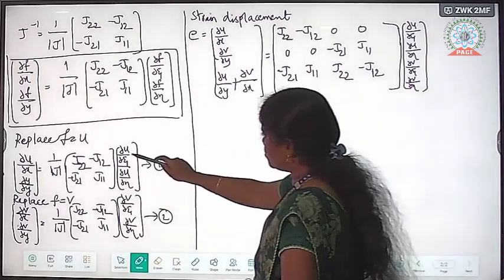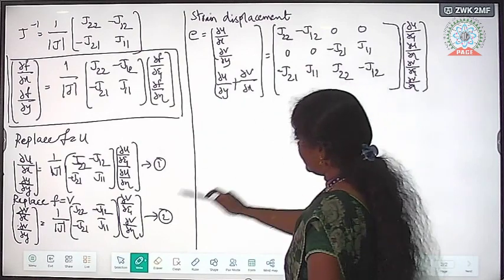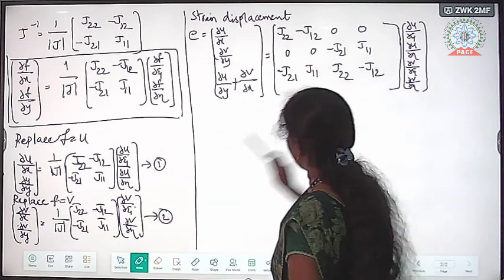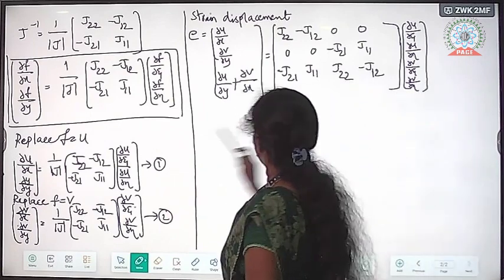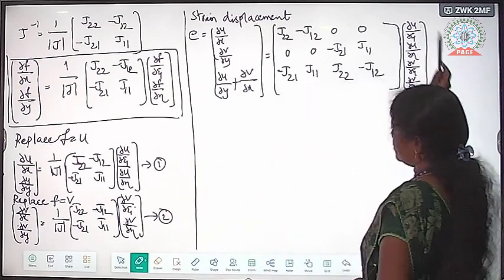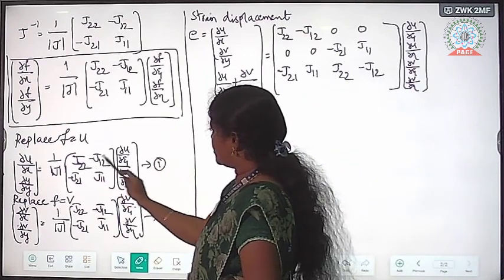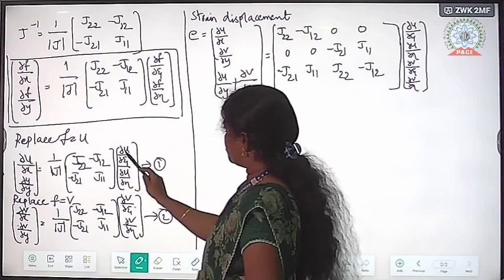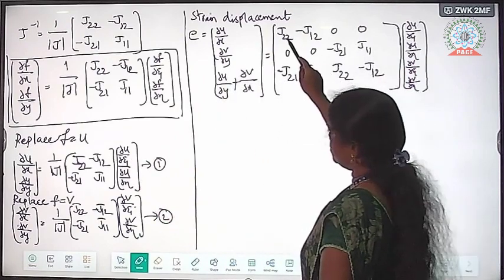So this total matrix comes in between. Here dou U by dou xi, dou U by dou eta, and in the second matrix dou V by dou xi and dou V by dou eta. In the middle of the matrix, first we take the dou U by dou xi term. So here J22 into dou U by dou xi, already written here, so we write J22 only.